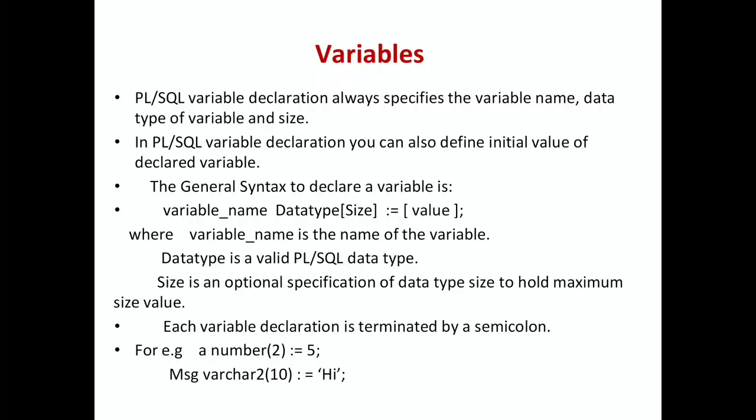And 5 is the value which is stored into A. So we can say that this is a constant value which is stored into A. The next is message. MSG is the name of the variable. Data type is varchar2. Size is 10. Colon equal to 'hi'. As hi is a string, it is written in single quotes.